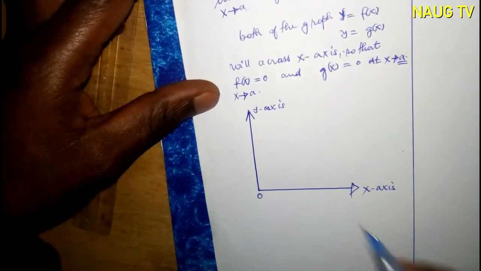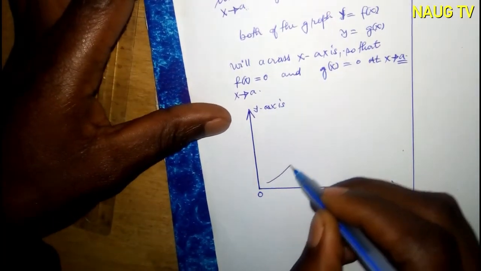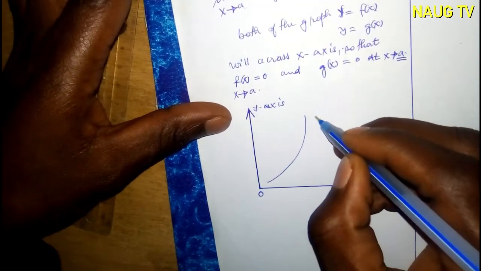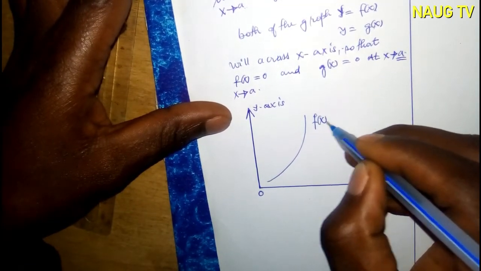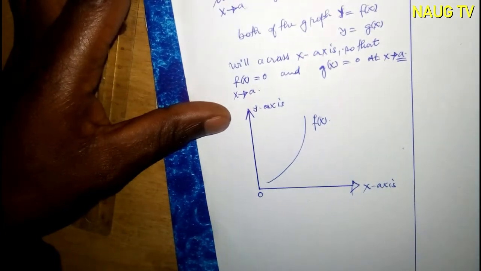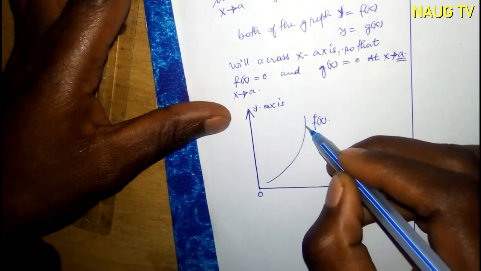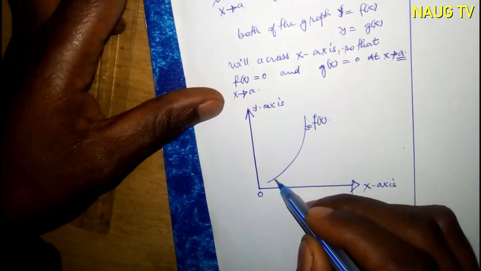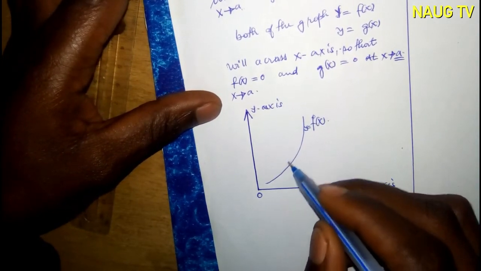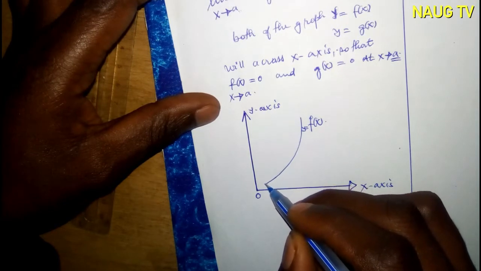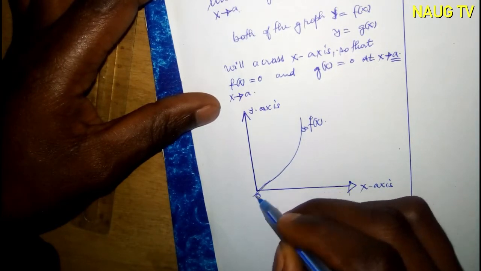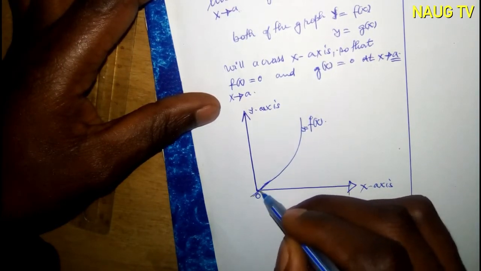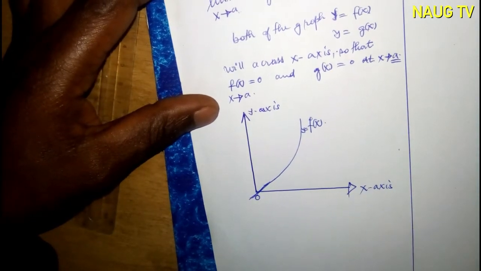By freehand, let's draw a function y equal to f of x, which is crossing the x-axis.